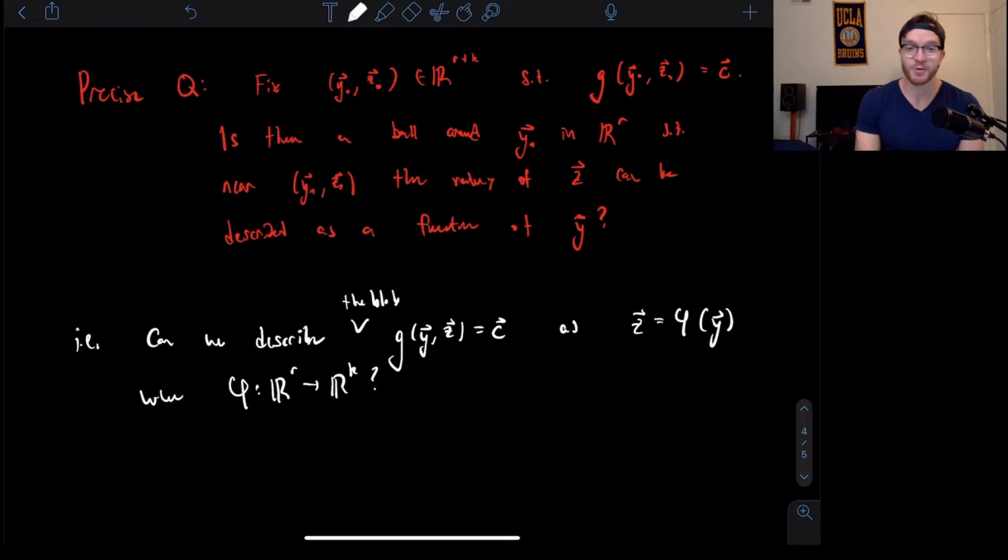This is what we want to do, and this is the question that the implicit function theorem answers. And again, I'll reiterate, this is a complete direct generalization of this circle thing that we talked about.